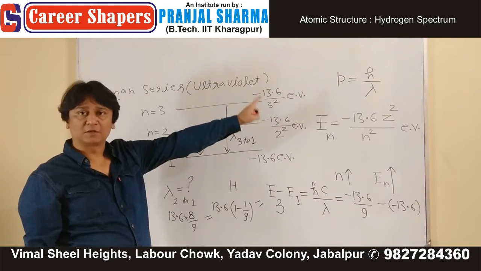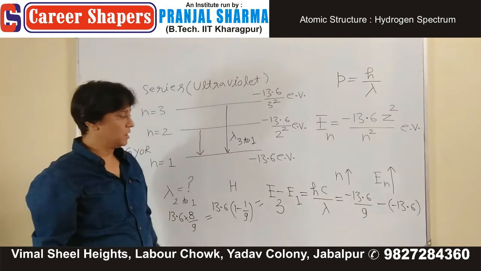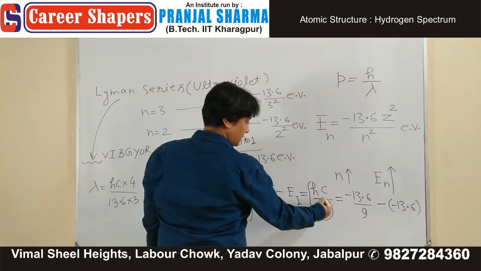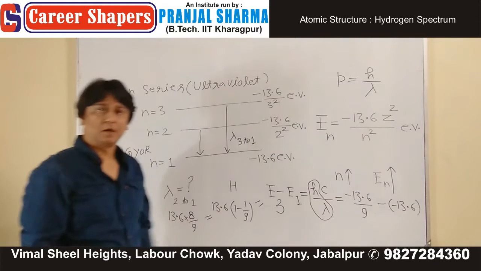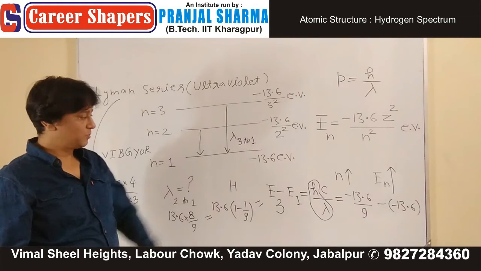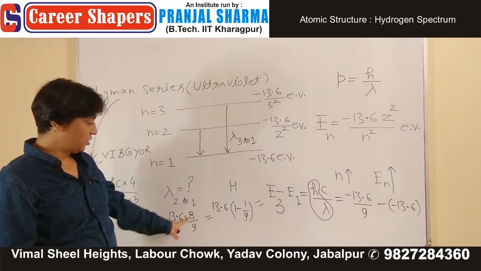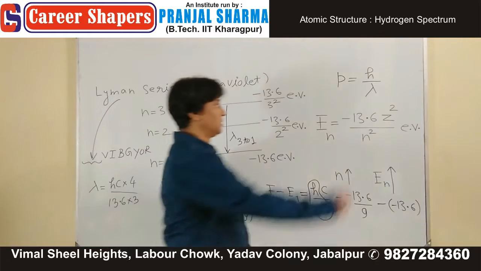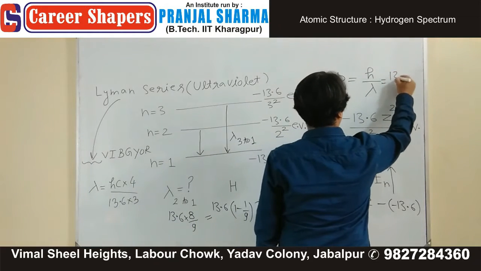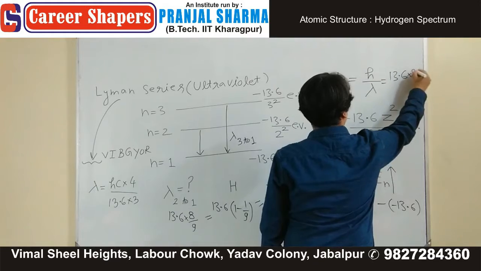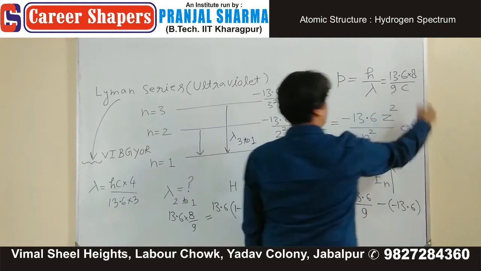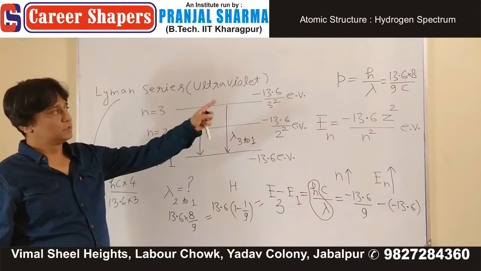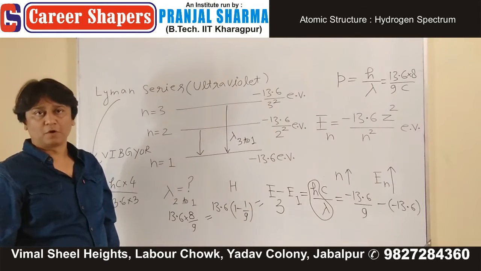So basically I'm asking you h upon lambda. So what is the value of h upon lambda? 13.6 into 8 divided by 9 divided by c. That's your h upon lambda. This is the linear momentum of the photon.